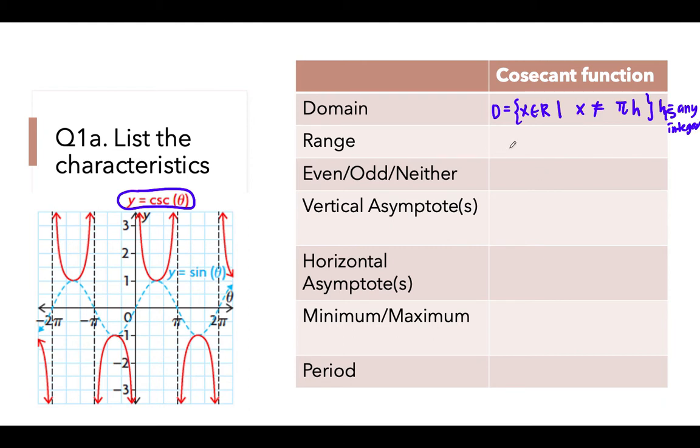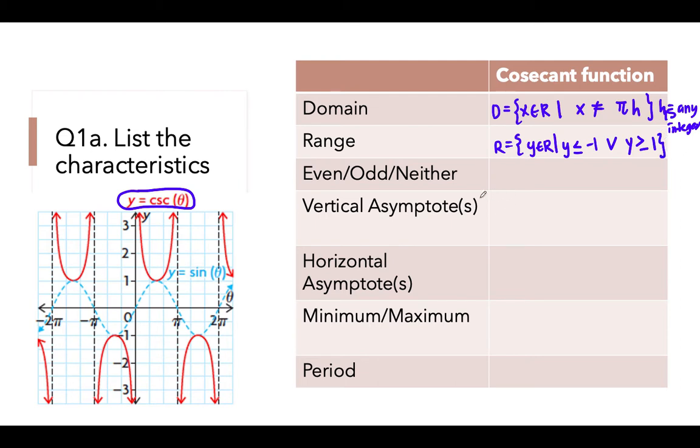For range, y can be any real number, but keep in mind it has to be greater than or equal to 1 or less than or equal to -1. So we say y can be any real number such that there are two scenarios: y is less than or equal to -1, or y is greater than or equal to 1. And that's it.